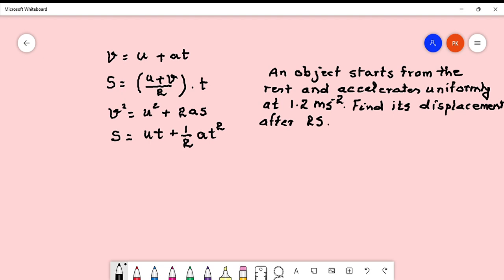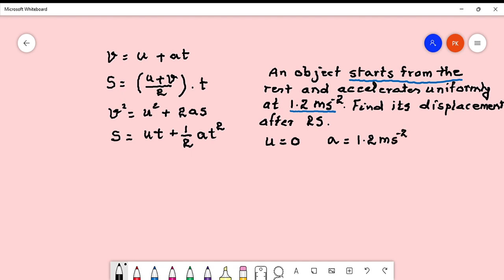So mark the important things given in the problem. The object starts from rest. Now the object starts from rest means obviously what is given to you? The initial velocity U is equal to 0. It accelerates at a uniform rate of 1.2 meter per second square. So A is equal to 1.2 meters per second square.